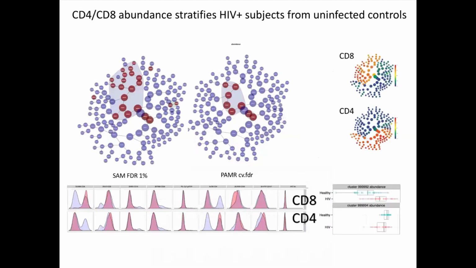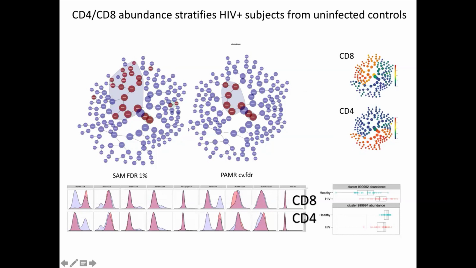And of course, we expected that we'd see the CD4-CD8 ratio shift in HIV individuals, which is a hallmark of HIV infection. And that was indeed reflected in our citrus results. So when we did the abundance run, we found a change in CD4 and CD8 percentages.